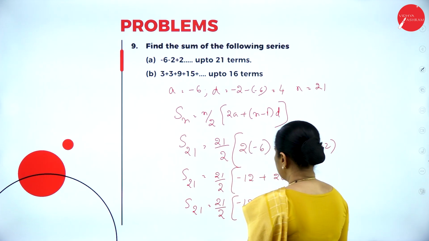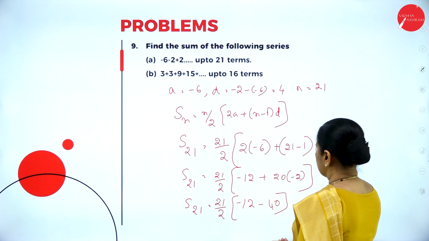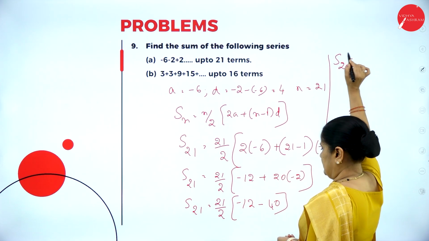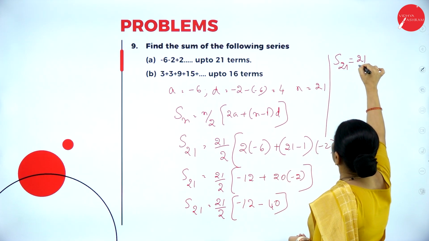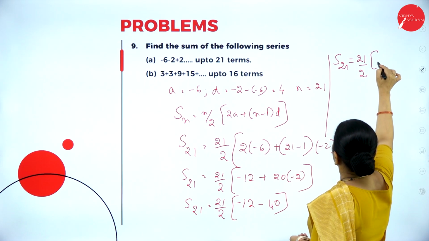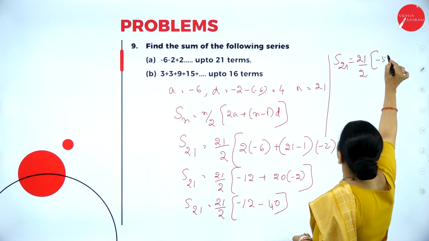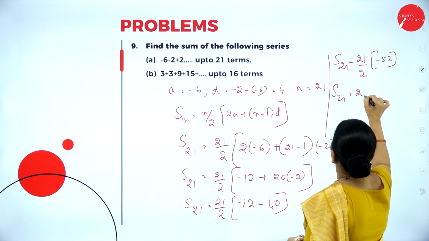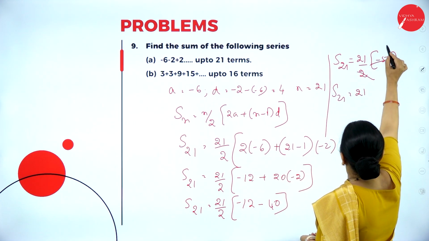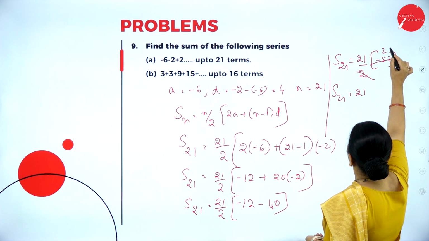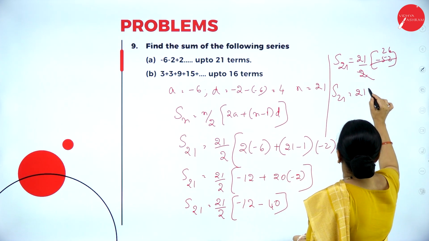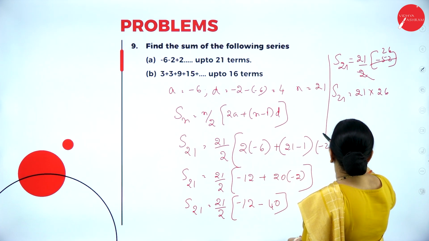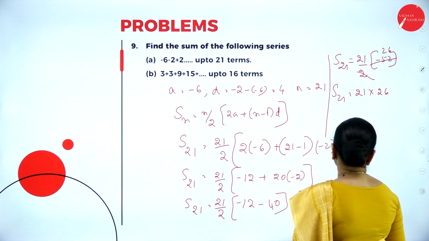So S21 equals 21 by 2 into 92, or S21 equals 21 into 46.